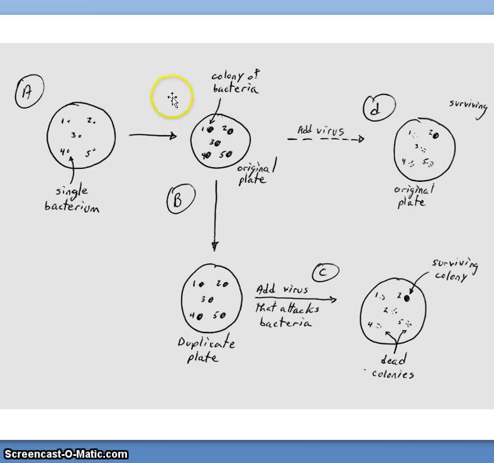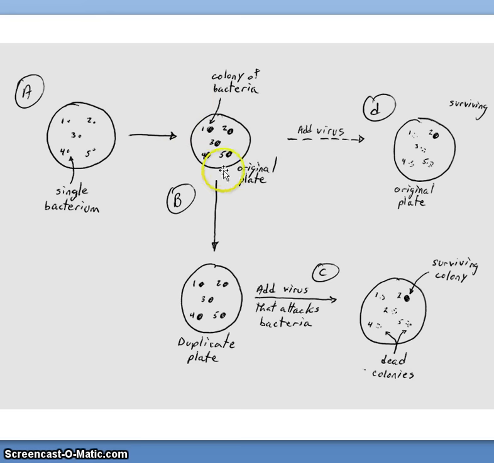However, it is likely that colony number 1 is different from colony number 2 because bacteria number 1 and bacteria number 2 may have already some genetic differences. So we should expect that all the individuals in colony 1 are pretty much clones, identical individuals genetically, but that colonies 1, 2, 3, 4, and 5 might show some variation because bacteria cells 1, 2, 3, 4, and 5 might have been a little different to begin with.